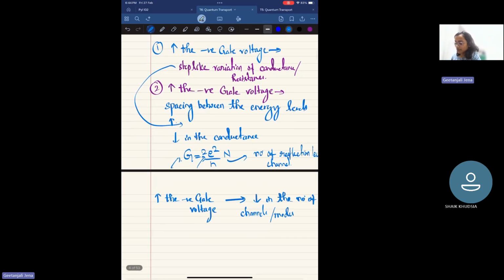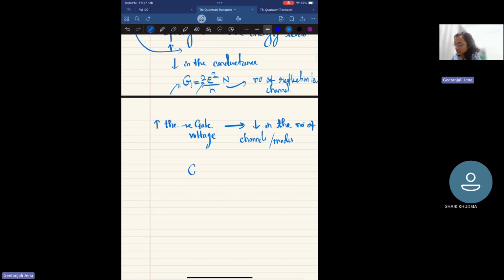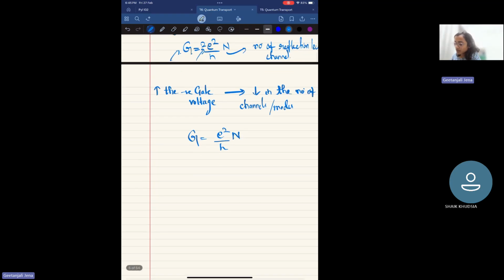Without any degeneracy, we have e squared by h into N. But let's say we have a spin degeneracy, which we often see without the magnetic field. When B is 0, for fermions there are two spins, spin plus half and spin minus half.